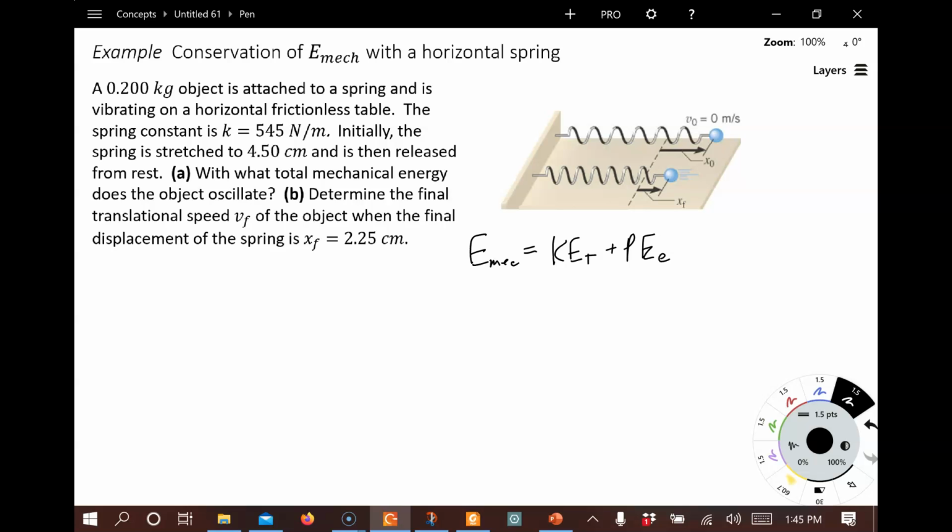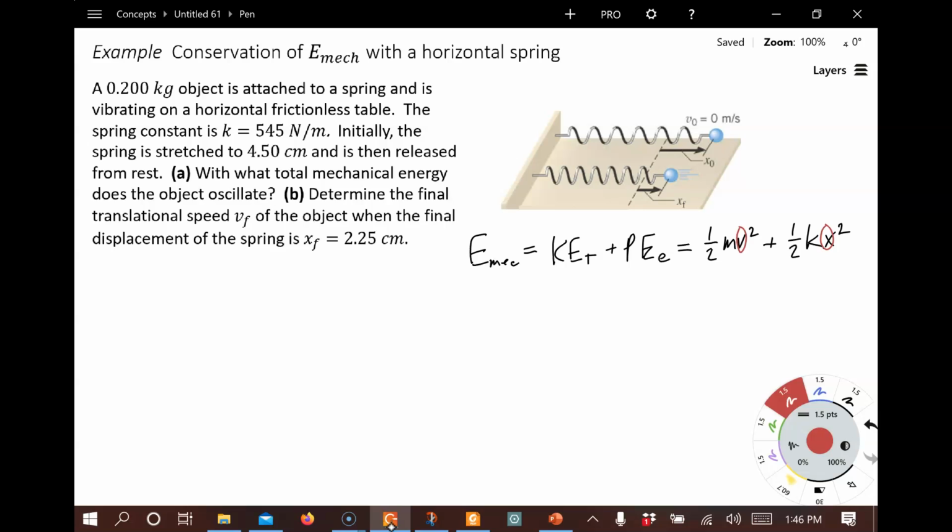Now, as we saw, for kinetic energy we've got the good old formula 1/2 mv squared, and for potential energy, the new equation, 1/2 kx squared, where k is the spring constant and x is the displacement from equilibrium. And of course, we're interested in the speed and the displacement from equilibrium for these two quantities.